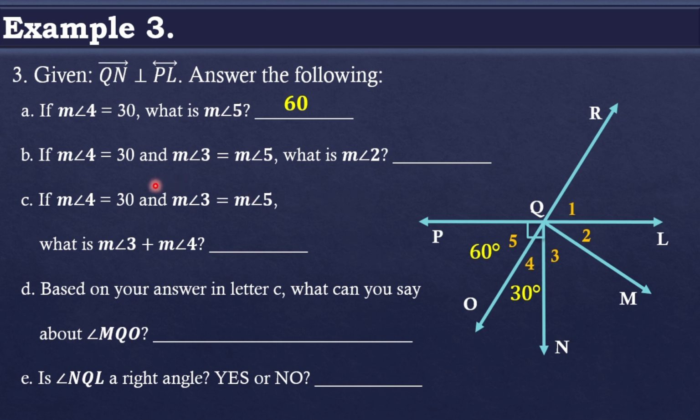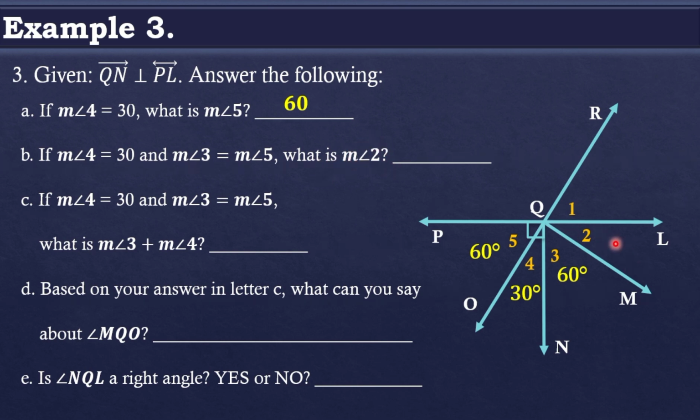Next, if the measure of angle 4 is 30, yung measure ng angle 4 mo is 30. And then, ang sabi dito, the measure of angle 3 is equal to the measure of angle 5. Based dun sa nakuha natin na measure ng angle 5, which is 60, equal daw siya sa measure ni angle 3. So, ilagay natin, 60 din, kasi yun ang sabi. Ang hinahanap ngayon, what is the measure of angle 2?